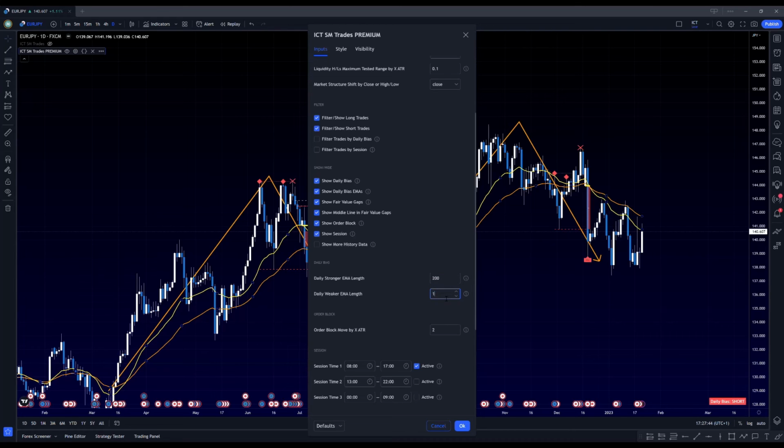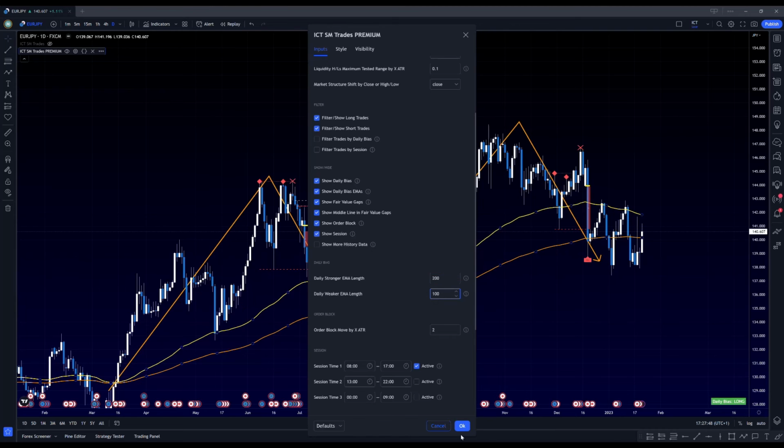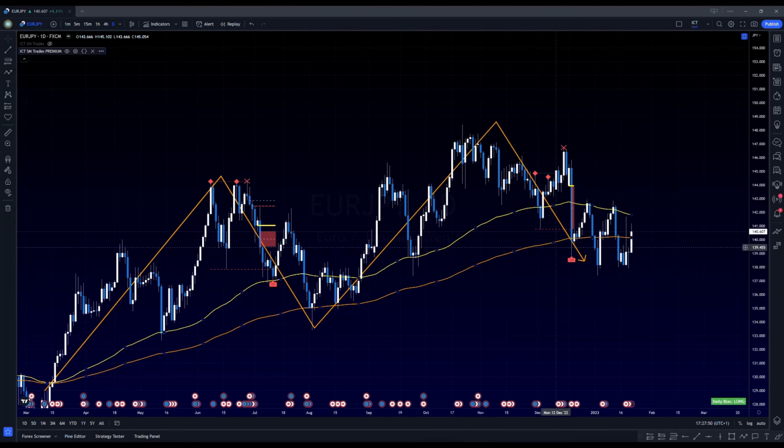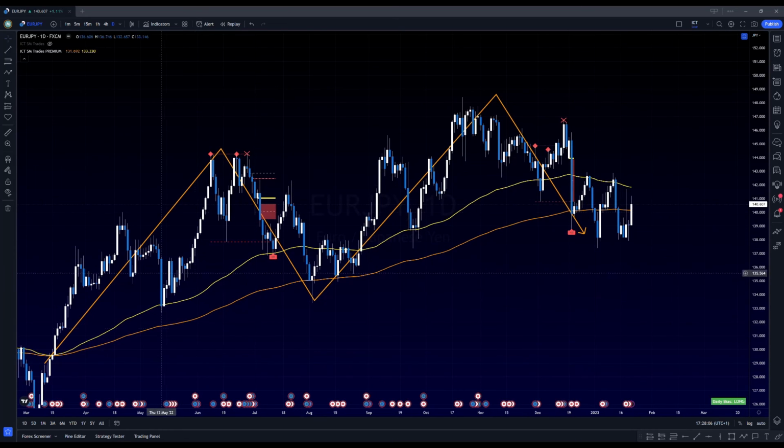So for example 200 and 100, and as you can see from this higher frame of the trend, we are in a long. Okay, so this is only the current daily bias. So the weaker is above the stronger, so we are in a long, but it is considering the bigger frame.